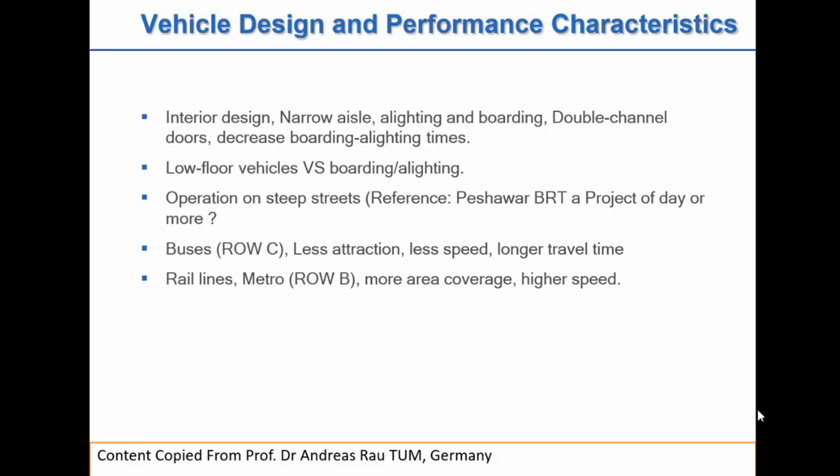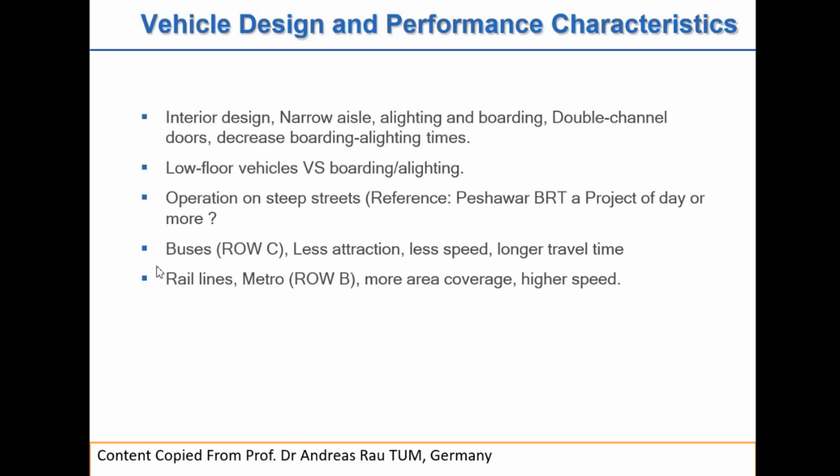But the issue is on those steep gradients, the bus cannot maintain more than 40 km per hour. So you need to understand this reduction of 20 km per hour on those steep gradients, and how much it increases the travel time. And the third concept is about right of way.